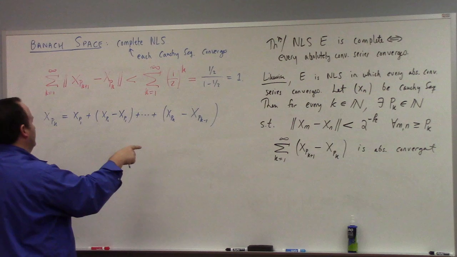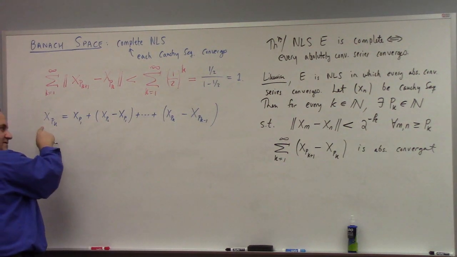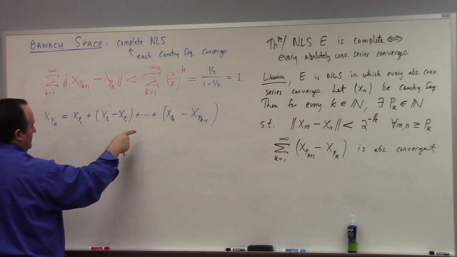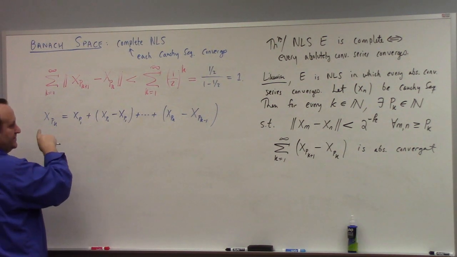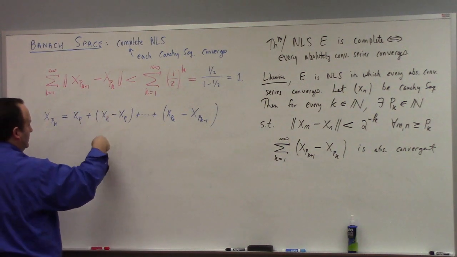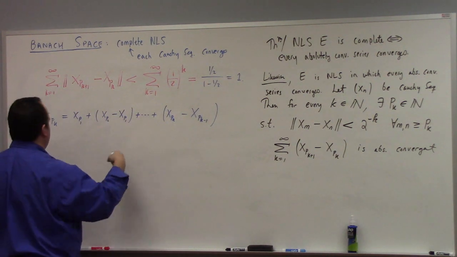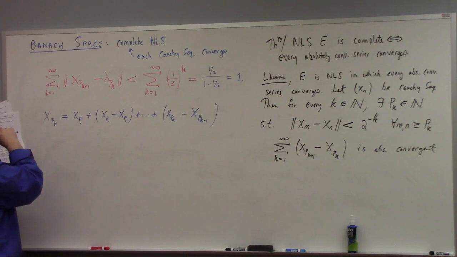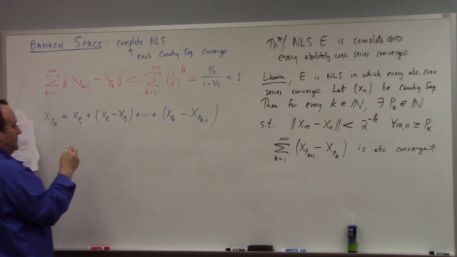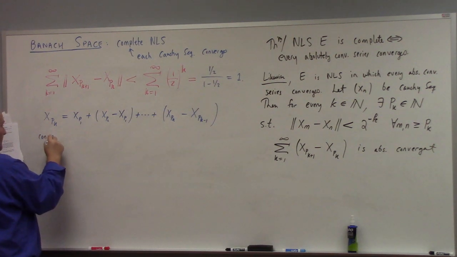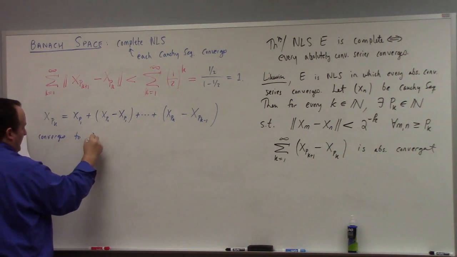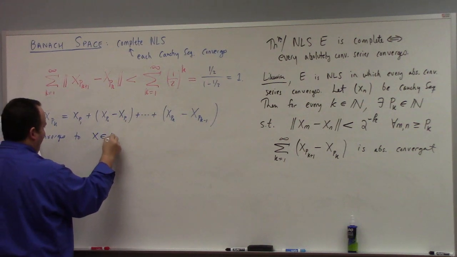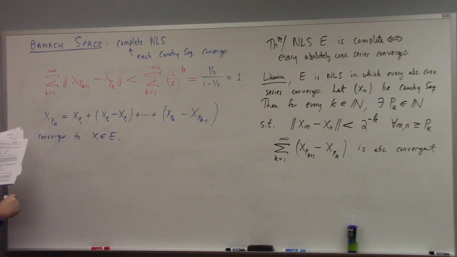But that's related to the subsequence here. And all right, so this converges to some element x, which is in E. And then what does he say?